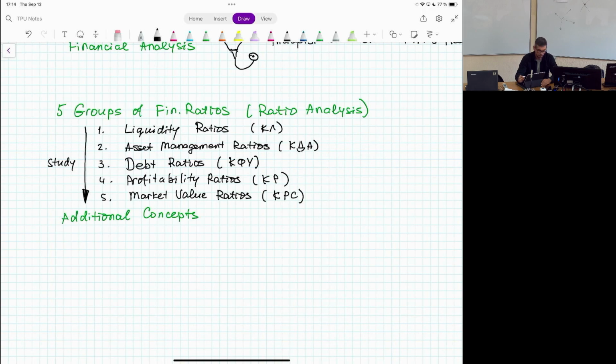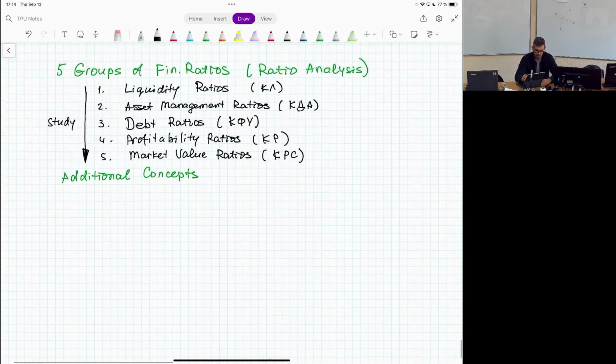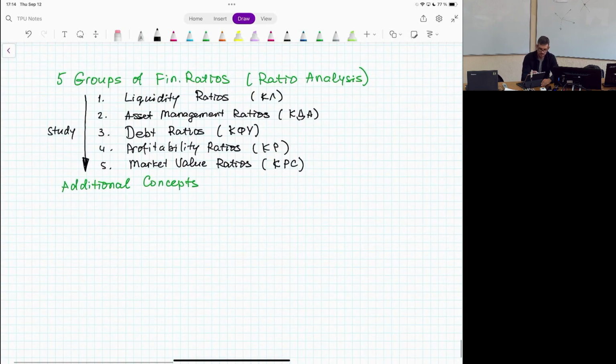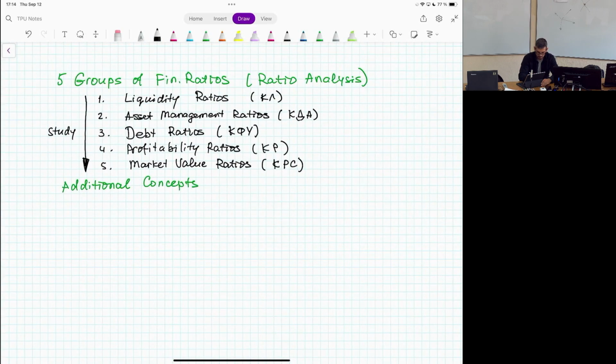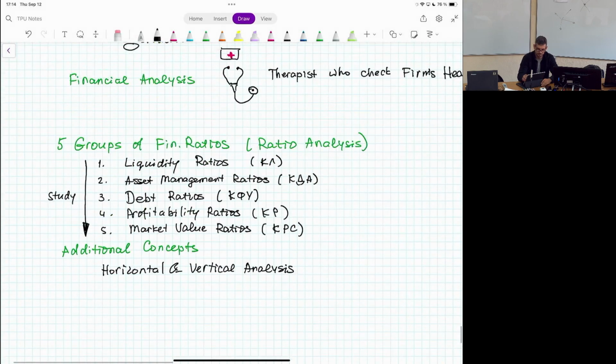Now, well, in the additional concepts, I think we will talk about horizontal and vertical analysis. Horizontal and vertical analysis.